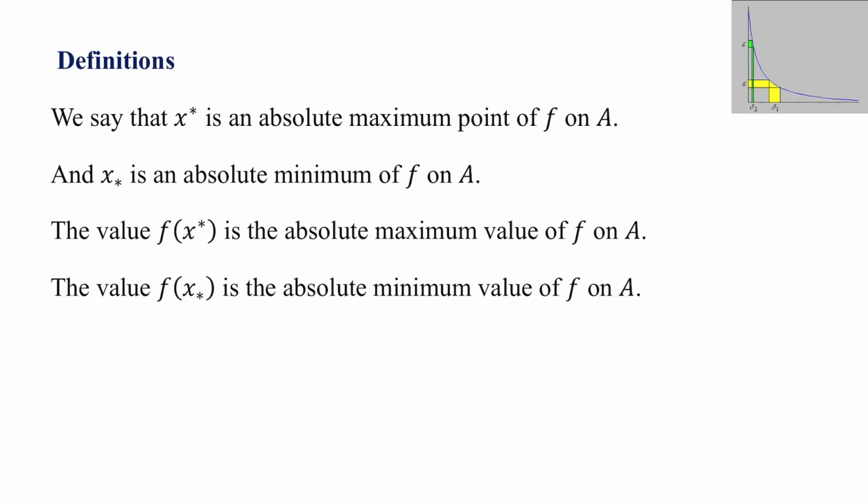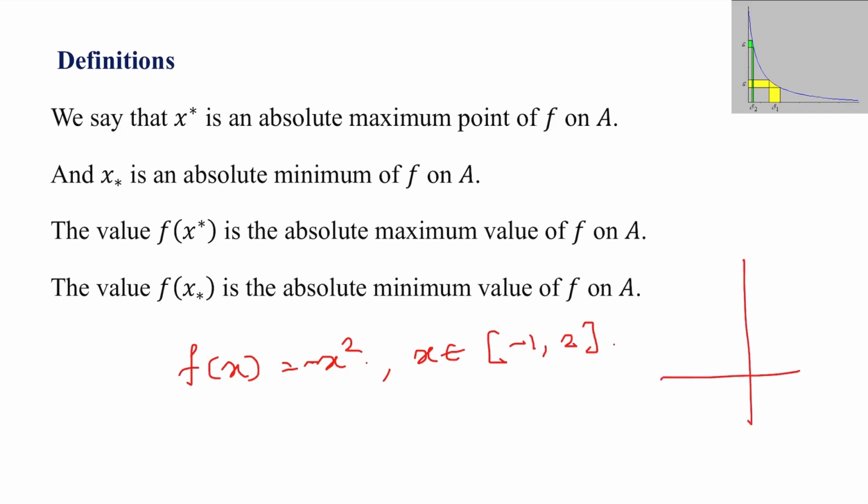So for example, consider the function f of x equal to minus x square for x element of the closed interval minus 1, 2. Let's consider the graph. This is minus 1.